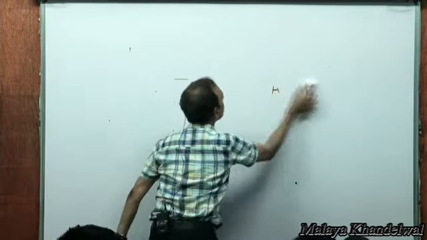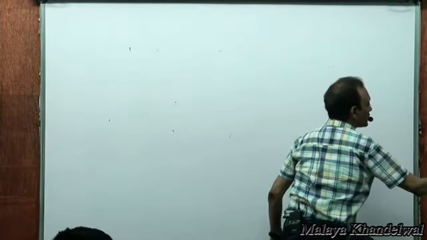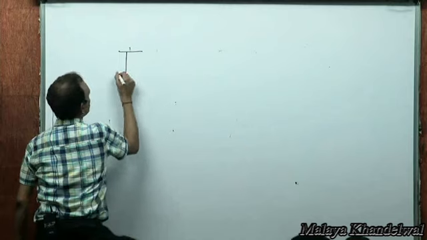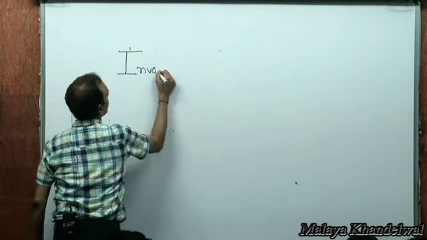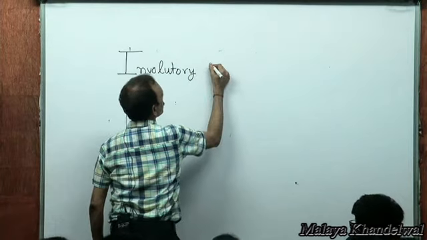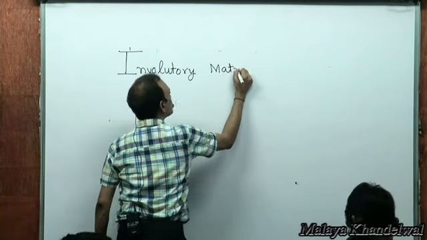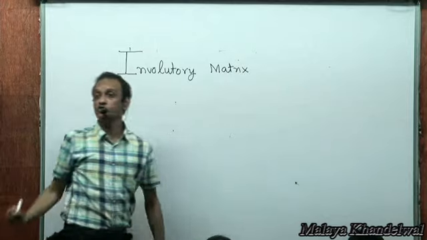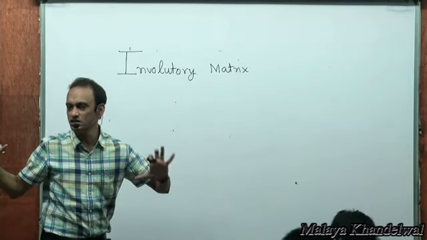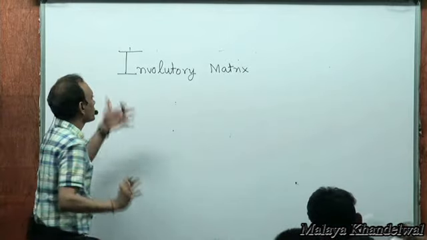Now we have again what's called an involutory matrix. These are all square matrices of order n, say.